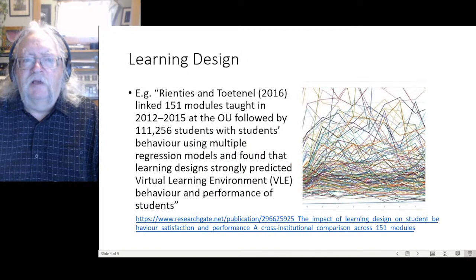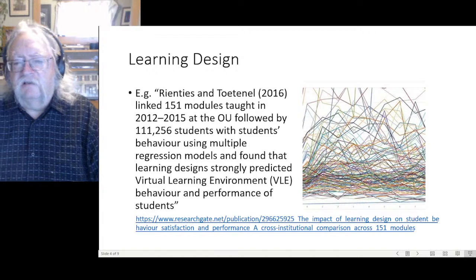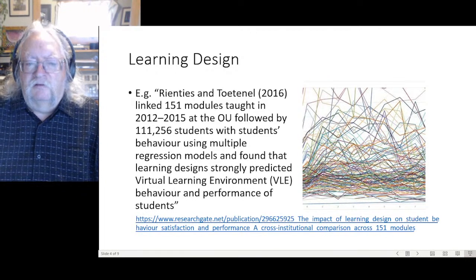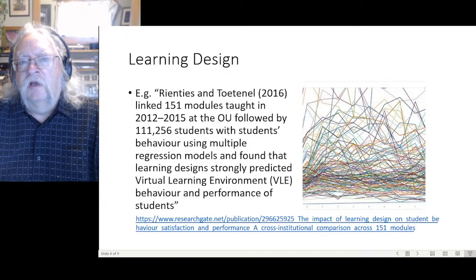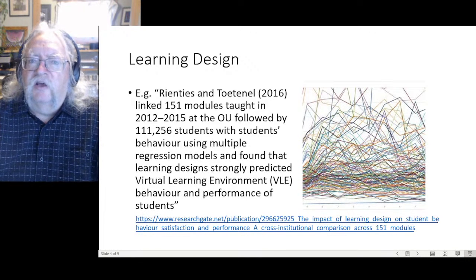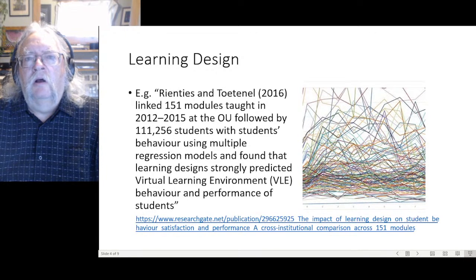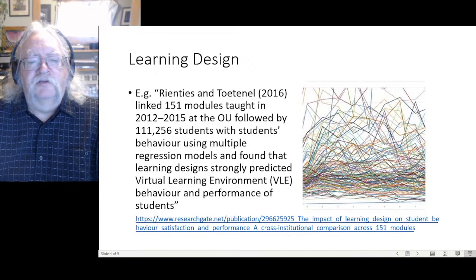A major application of predictive analytics is learning design. And in this example here, we have a case where some researchers linked together 151 different modules taught at the Open University and used the learning design in order to predict whether the learning design had any impact on their behavior and ultimately on their success in the course.